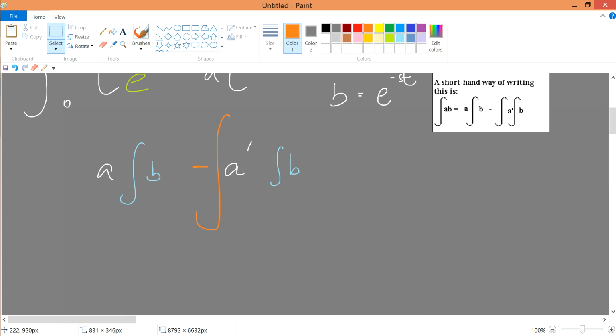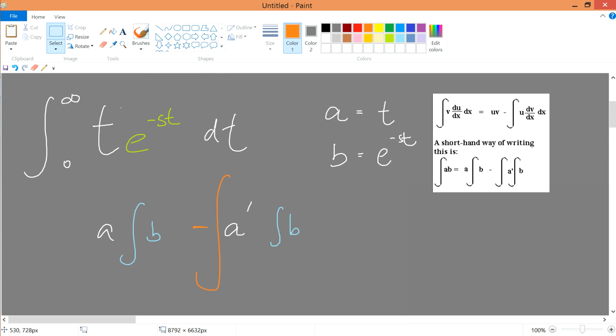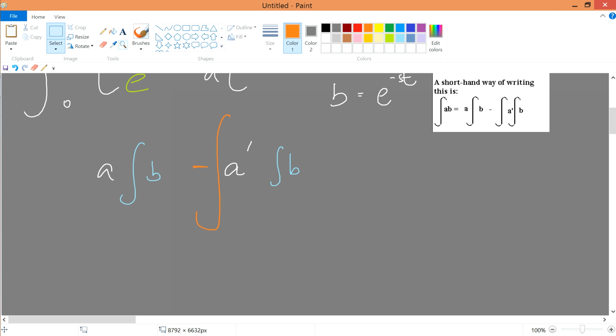Alright, integration by parts. In order to do this, let me just sub in the numbers and you can see what the things are. So A is equal to t. If you integrate B, you would have minus 1 over s e to the minus st, because if you differentiate e to the minus st, you'll get this value.